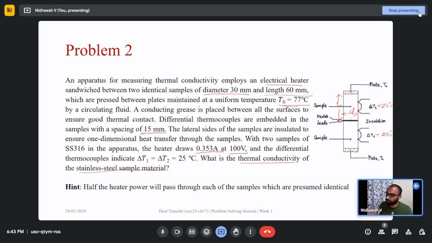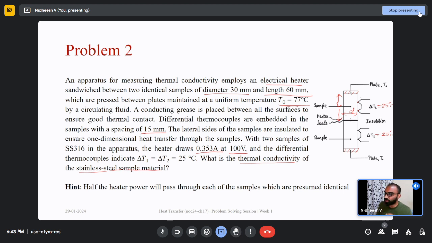These unsteady state processes, where the temperature is varying with respect to time, we will cover in upcoming lectures. We will slowly increase the complexity. Right now we are looking at steady state processes where there is no change with time, and at one-dimensional processes where heat transfer is occurring only in one direction.